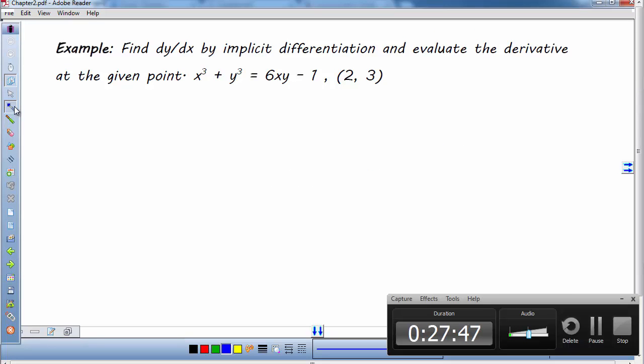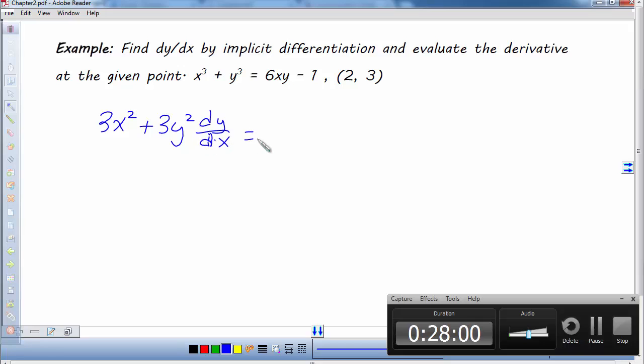We're going to find the derivative. So we get 3x squared plus 3y squared dy dx equals, okay, for the 6xy, I'm going to use the product rule, and I'll just use 6 as my constant multiple.